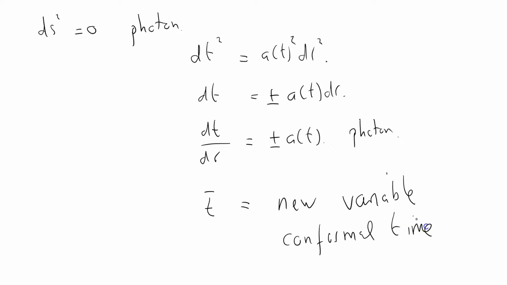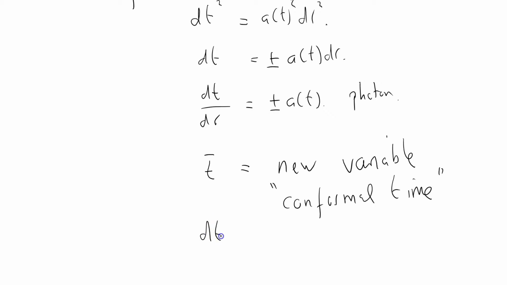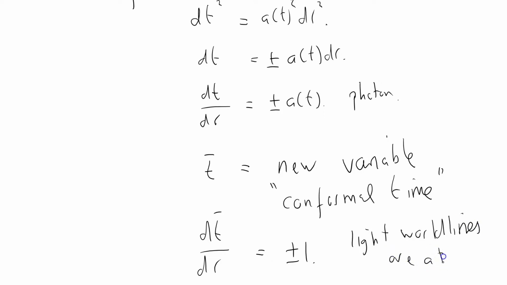Conformal time, that's what that's called, and it's defined so that dt bar by dr equals plus or minus 1. So that means that light world lines are at 45 degrees, and that will make our life a lot easier.